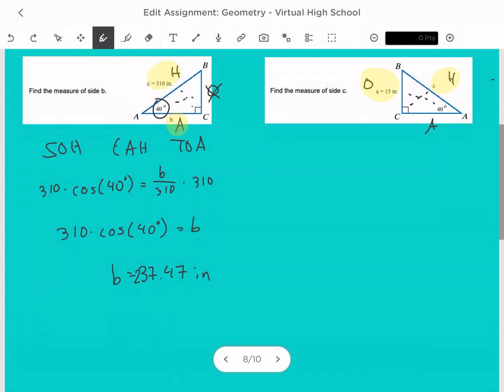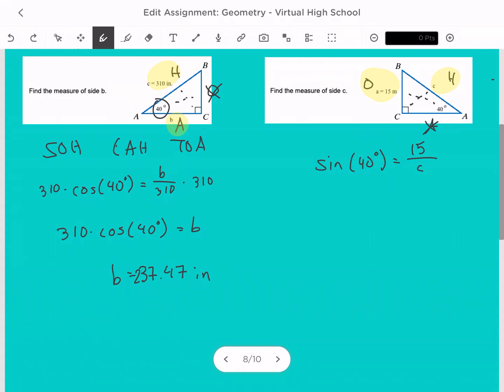So I don't care about adjacent, so I'm going to get rid of that. So I'm going to do sine of 40 degrees, that's equal to, let's see, O is the opposite side, that's A, that's 15. And then the hypotenuse is C, that's what I'm trying to find.